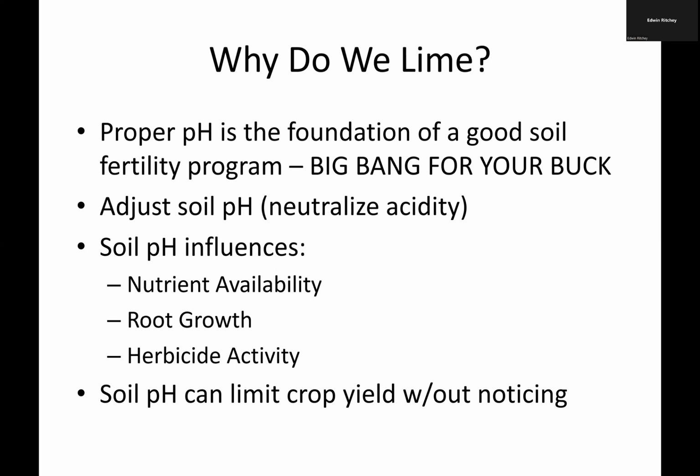And then something we often don't think about would be herbicide activity. I've got some examples of two of those, and we'll talk about the third in the upcoming slides. And you can actually hurt your crop yield, reduce yield without noticing, kind of a hidden hunger type deal.